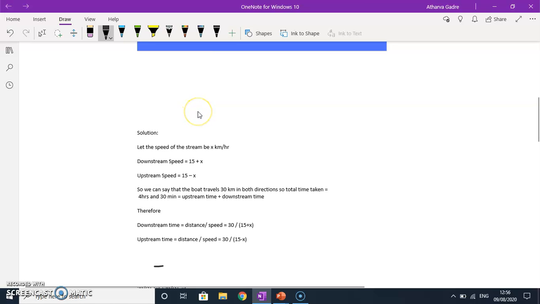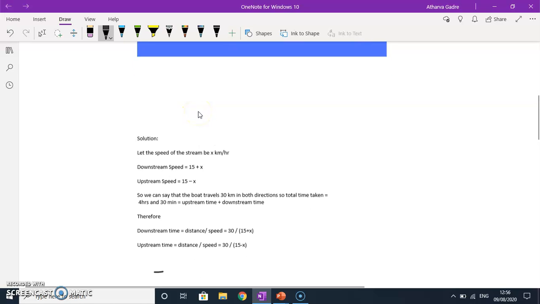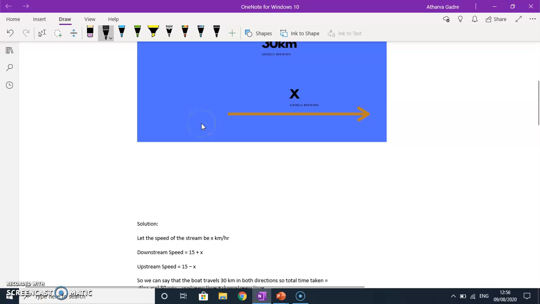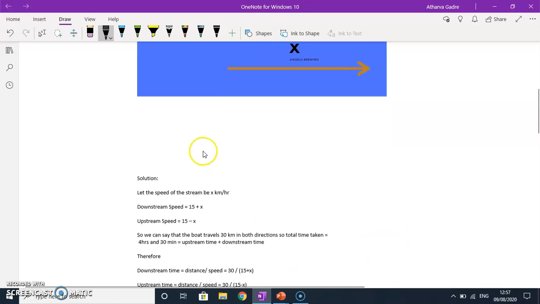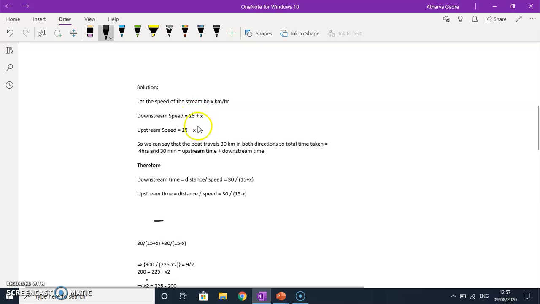Let's solve the question. Now, the speed of the stream, that is the speed of the river, let it be x, as that is what we have to find. Going downstream means going in the direction of water, so the total speed of the boat increases. So that is 15 plus x. And upstream, vice versa, it gets reduced, so 15 minus x.